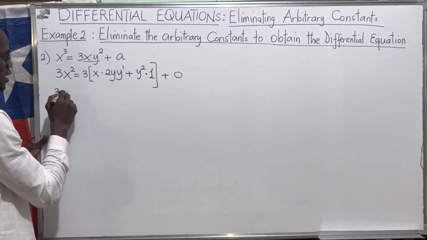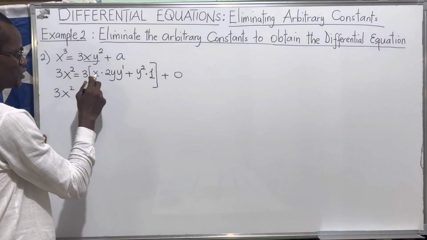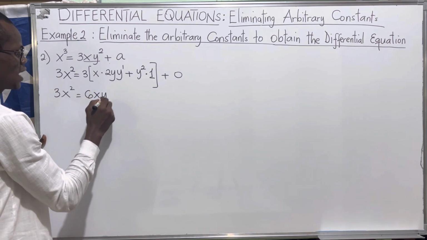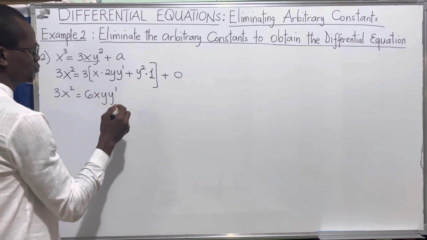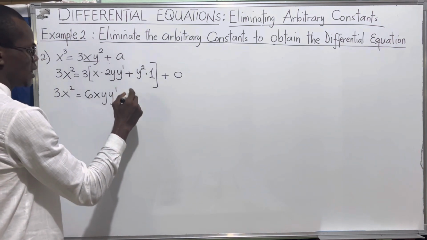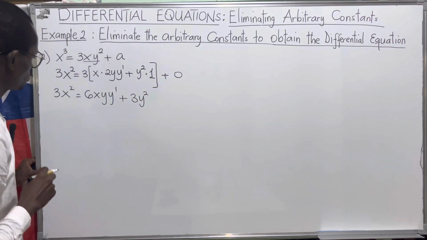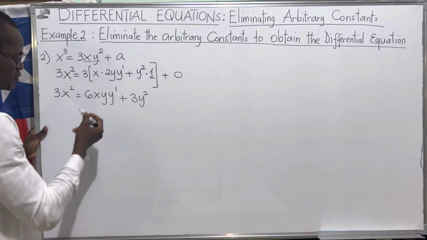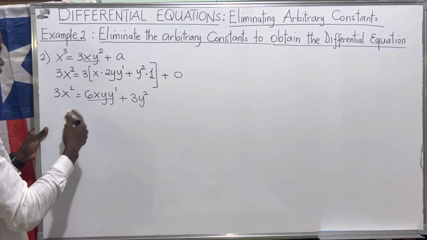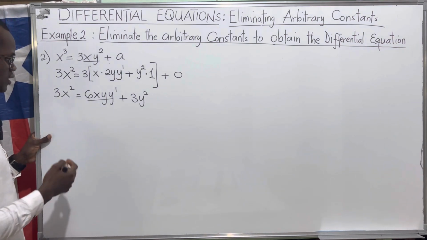So now we have 3x squared equals, now we multiply 3 times this expression, which is just 6x y prime, and then plus 3 times y squared is just 3y squared. So what we want to do is write it in a form wherein our y prime can be the subject, or they can all be on one side of the equation, whatever way you want to do it.